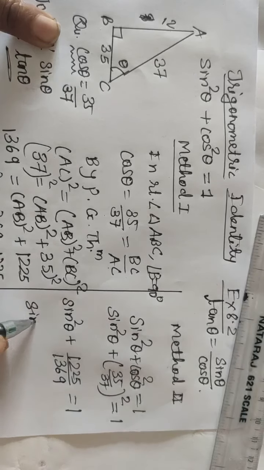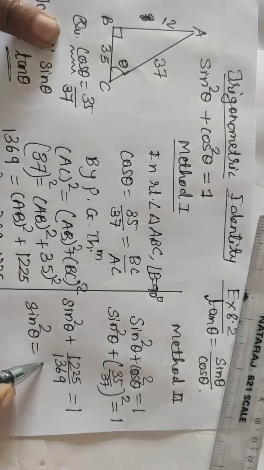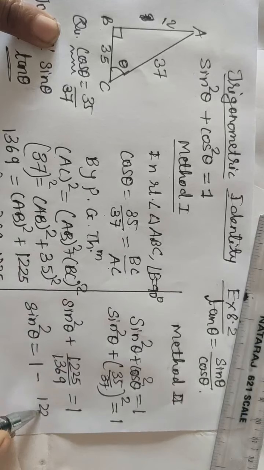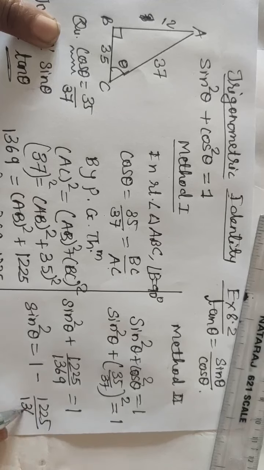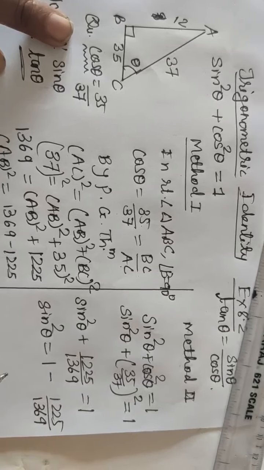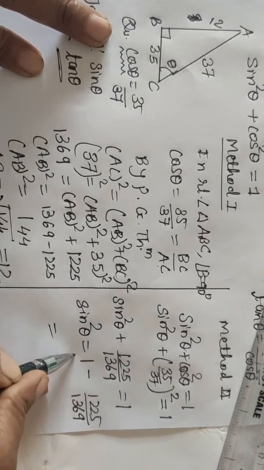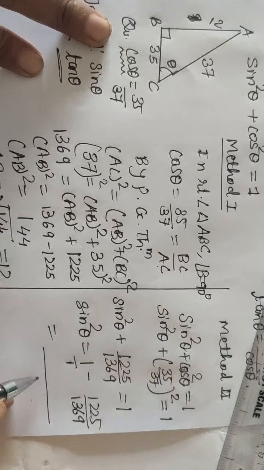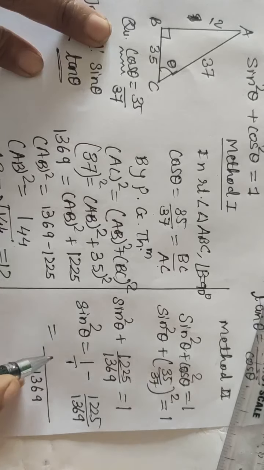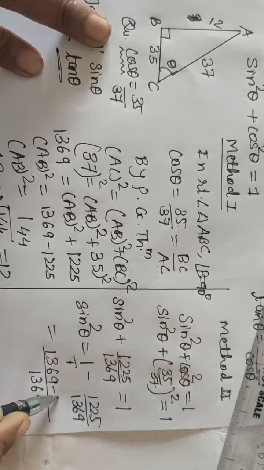Now find the value of sin square theta by transposing the number to the other side: 1 minus 1225 by 1369. Here there is no denominator, so you have to take 1. What is the LCM? 1369. Here it will be 1369 minus 1225.